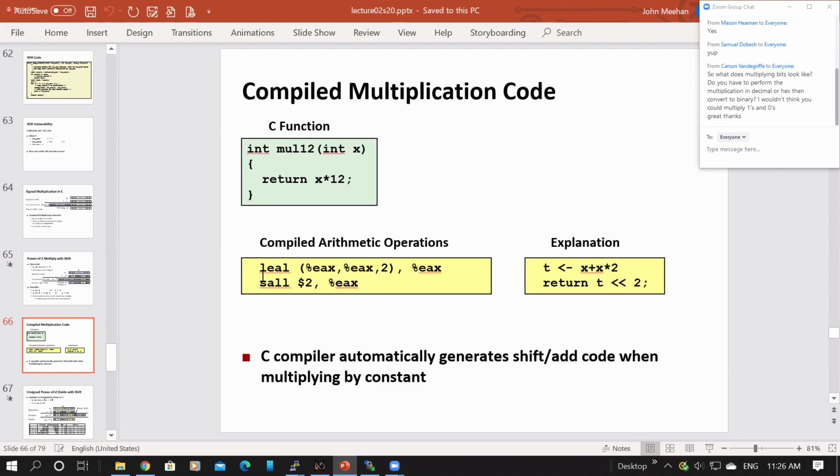The way this load effective address long word instruction works, and you'll learn that the last letter of assembly language instructions most times tells you the size of the operands that you're operating on. And a long word is 32 bits. The Intel processors started out being 16-bit processors.